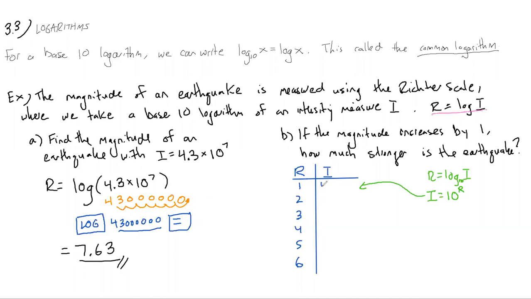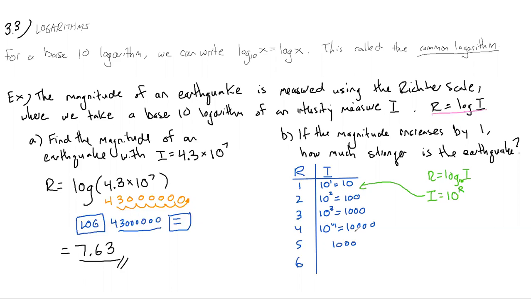And so what I have here is 10 to the 1, 10 to the 2, 10 to the 3, 10 to the 4. I'll write out the first couple of these, but hopefully you get the idea. It's 100, 1,000, 10,000.